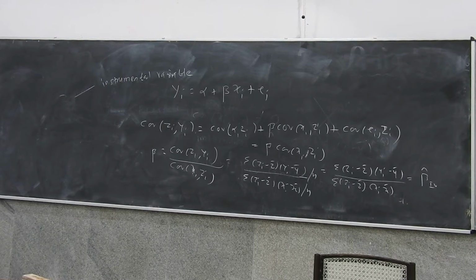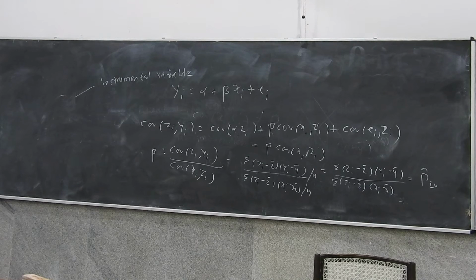As the sample size tends to infinity, we know that the numerator goes closer and closer to the actual covariance Zi Yi. We know that as the sample size becomes larger, the denominator, summation Z minus Z bar, Xi minus X bar, upon N, gets closer and closer to covariance Xi Zi. Because these are sample moments, they get closer and closer to the population moments, that's the law of large numbers.